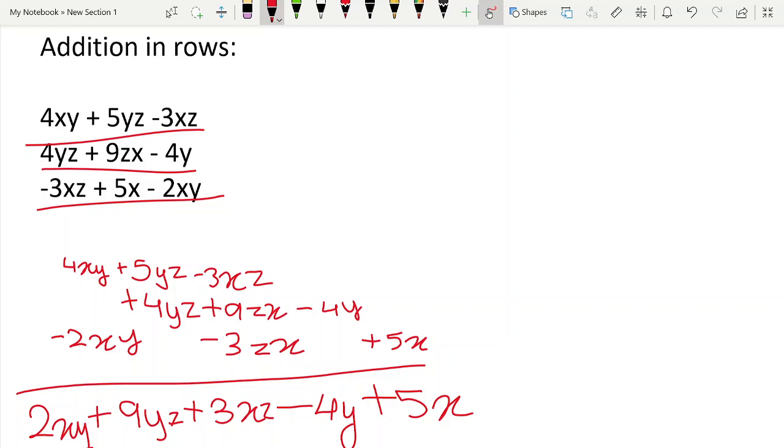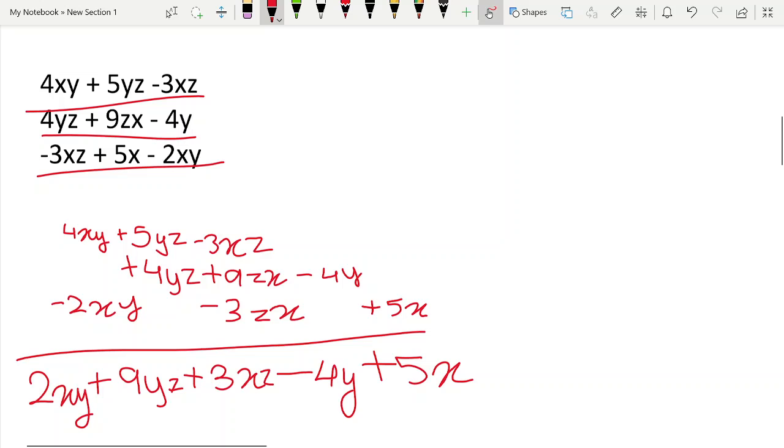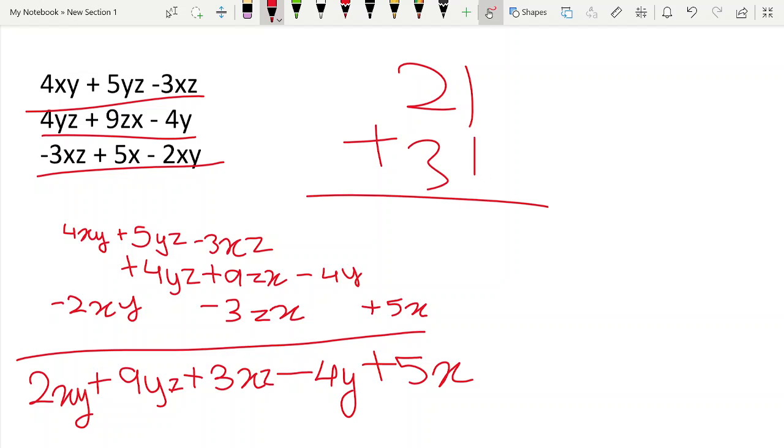Now how do we do that? The method that we learned in Class 7 was just to make it into a line and keep all the like terms together. But here we're going to be talking about rows. Like how you add 21 plus 31 and then you add them up like 2 and 5. We're going to be doing it like that.